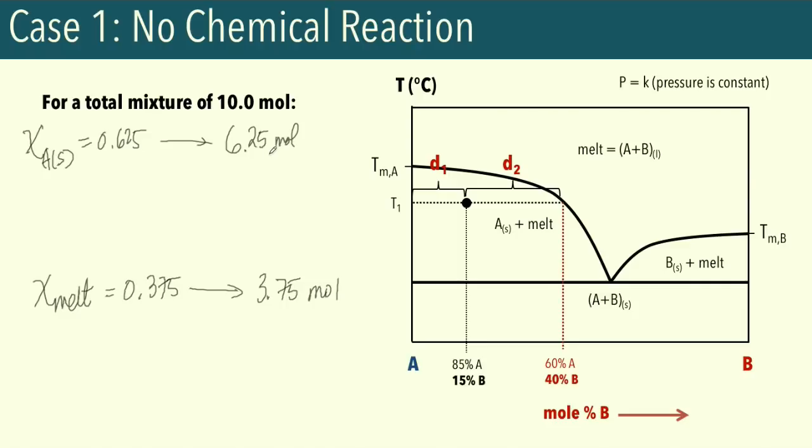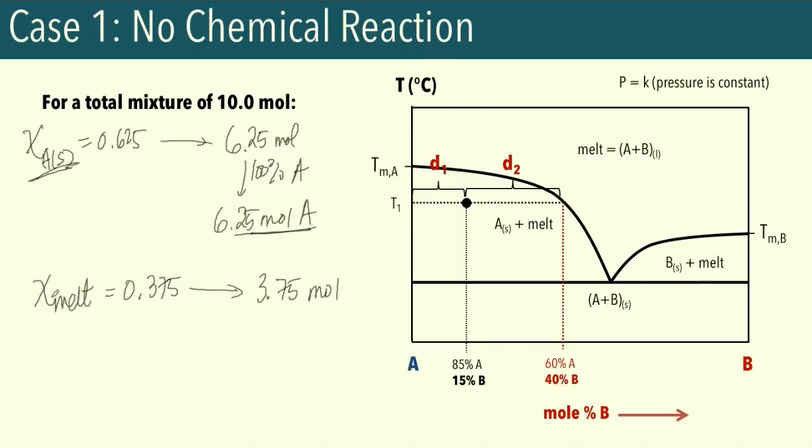We also know the compositions of these phases in terms of how many moles of A and how many moles of B are in the corresponding phases. Since for this particular phase we're dealing with pure A, we know that 100% of the solution that is in the pure A phase is just going to be A. This means that we have 6.25 moles of A that is in the pure A solid phase.